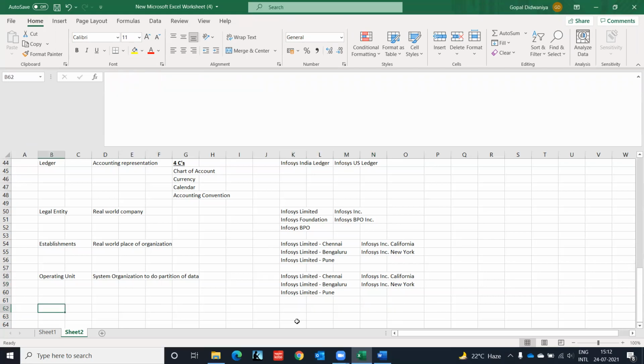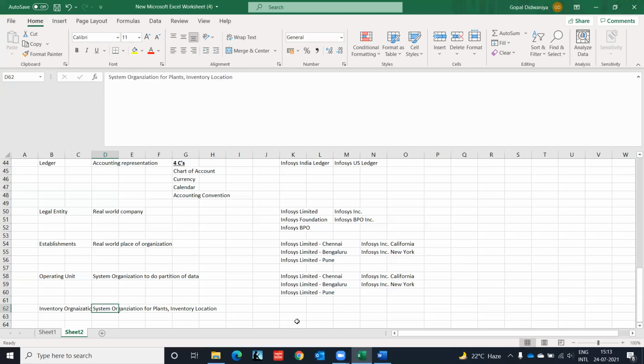So operating unit one comes under the last one, inventory. Inventory organization is the system organization for plant and inventory location. System organization for capturing the details of plant and inventory location.